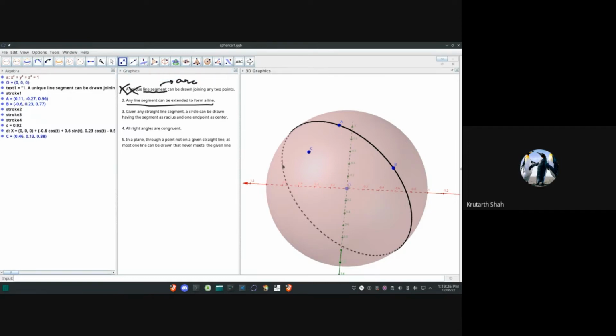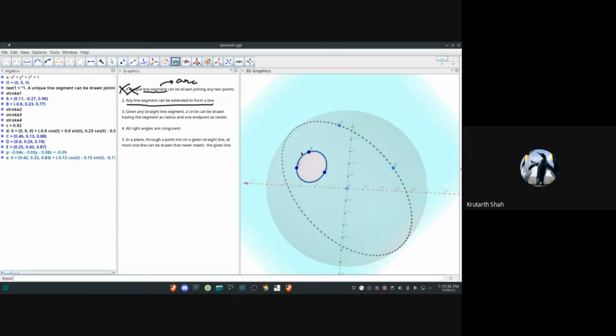So, for example, if I take these three points and consider the plane passing through them, and take the intersection, they'll form a small circle, which we take to be the circle in spherical geometry. Can it be a conic, like an ellipse or something? No, a plane always intersects a sphere in a circle. You can prove that.